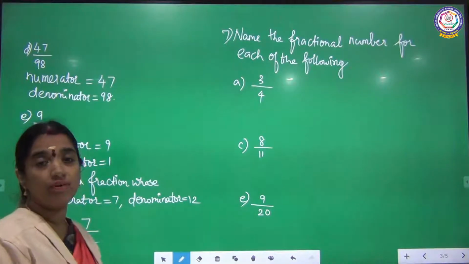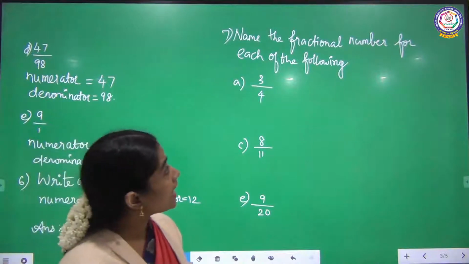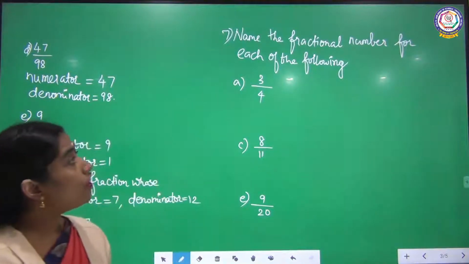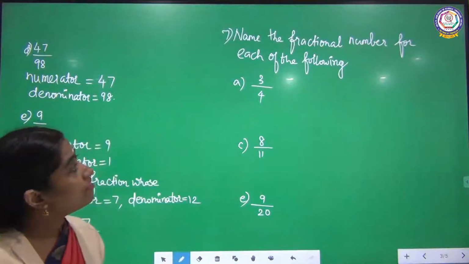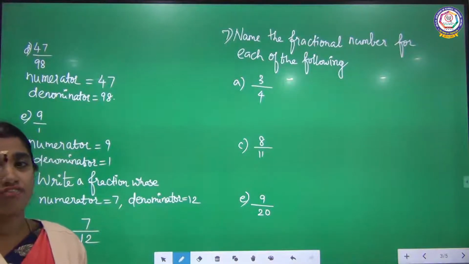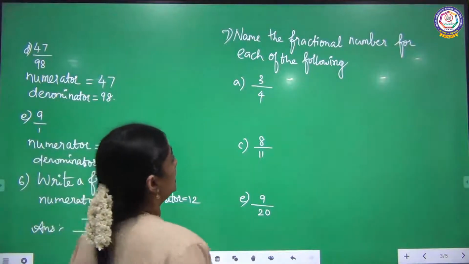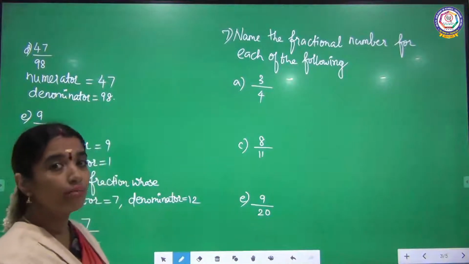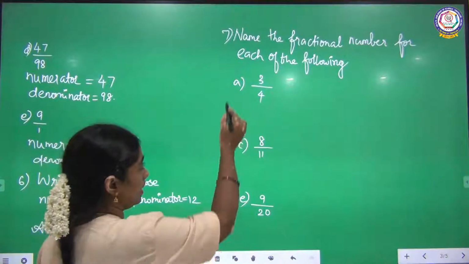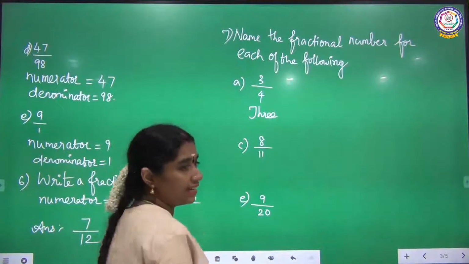Next, we will move on to the seventh sum, children. Name the fractional number for each of the following. I am going to write here the number names. 3, 4. So for that I am writing 3 here.